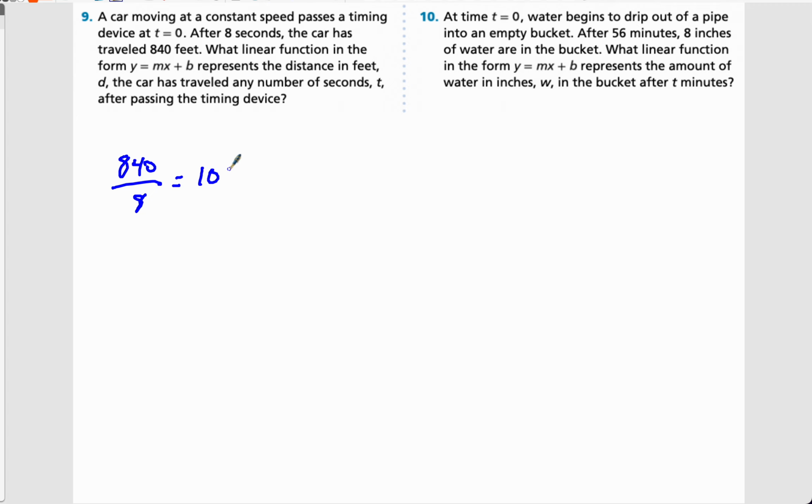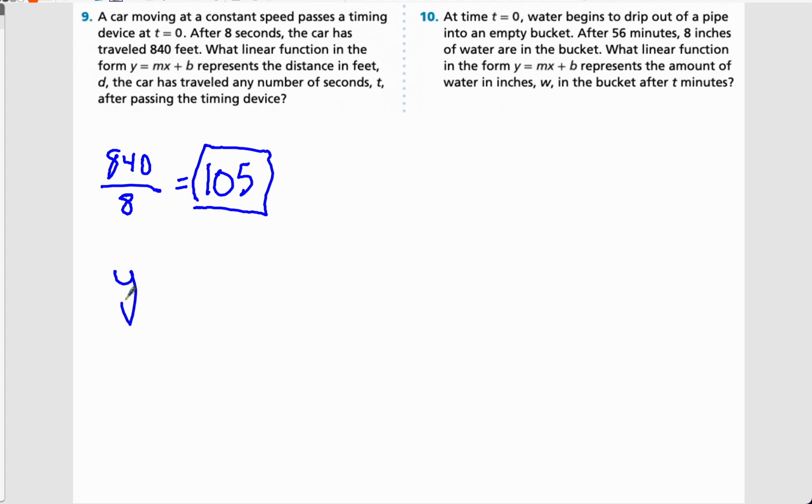It's 105. Sorry, let me rewrite all that. That's terrible handwriting. It is 840 divided by 8, and 840 divided by 8 is 105. And since it's proportional, all I need is the slope. The y-intercept is 0. It's not going to affect my equation.